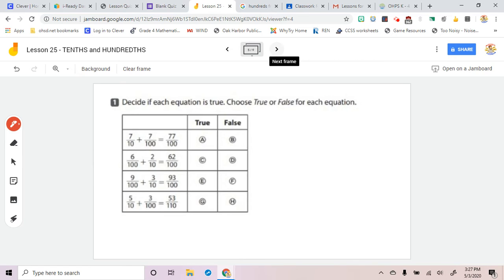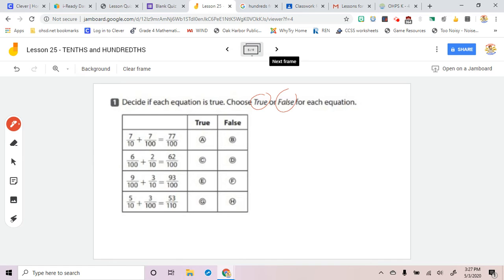All right, so now we're going to do some of the problems. These are going to be really similar to your comprehension check. And the questions are below too. So your first round, try and do them on your own before I check, and then you can go back. So number 1, decide if each equation is true. Choose true or false for each equation. 7/10 plus 7/100 is the same as 77/100.